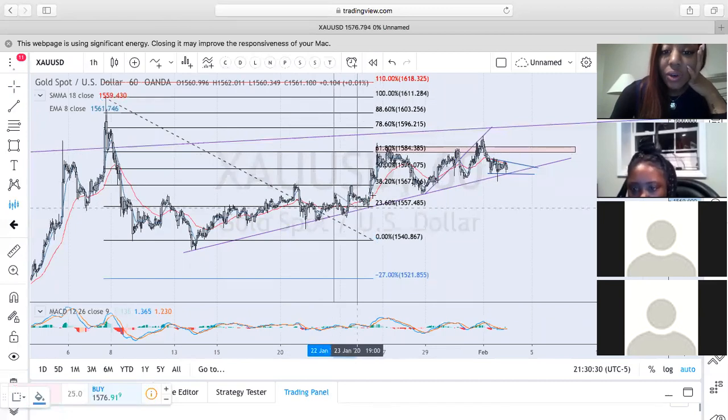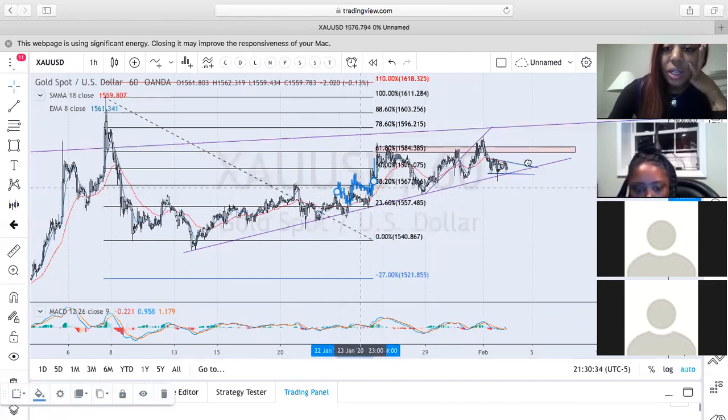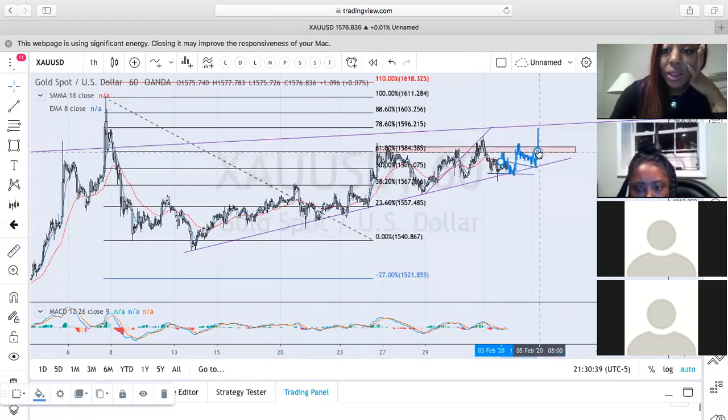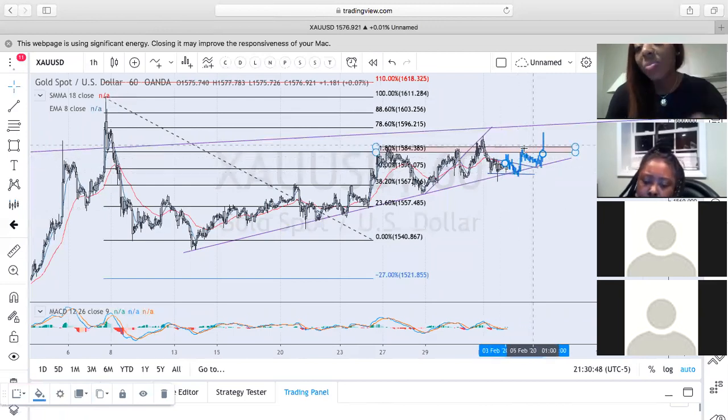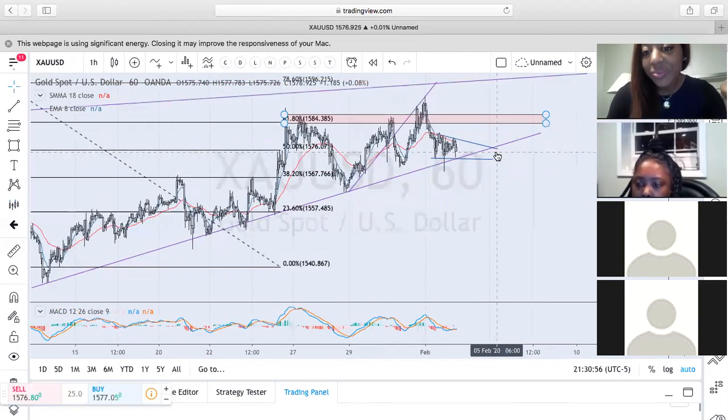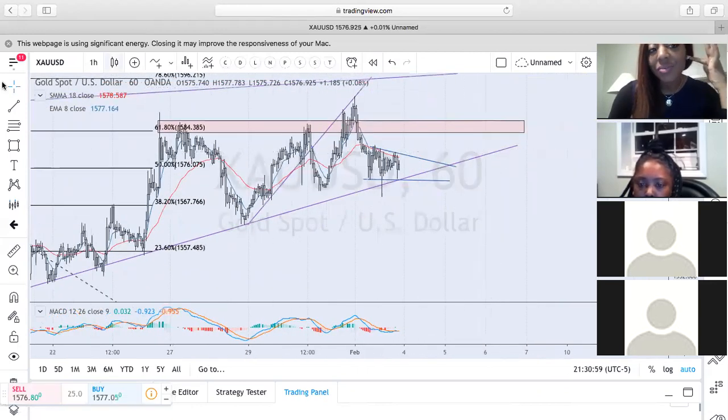This channel formation to break to here, like that. Regardless of where it is now, I'm expecting it to continue down to this trend line, then break to the red. Once it gets to the red, I need to see what it's doing, and then I can tell you what's next. But that makes sense? Yes.